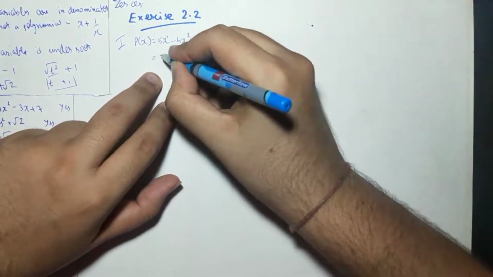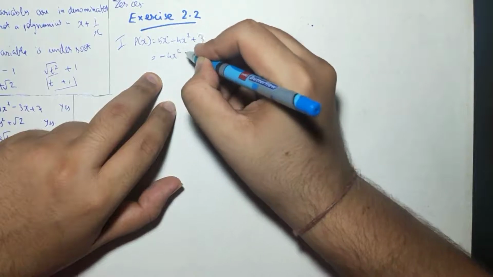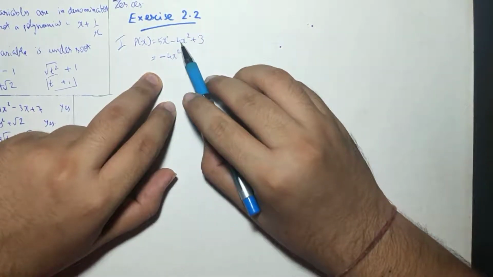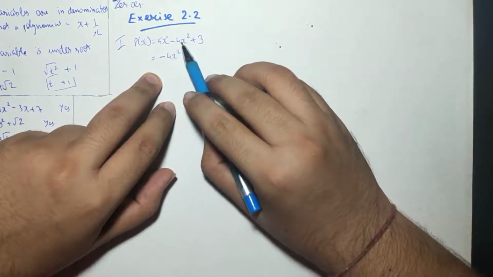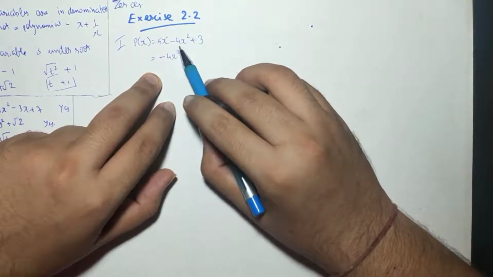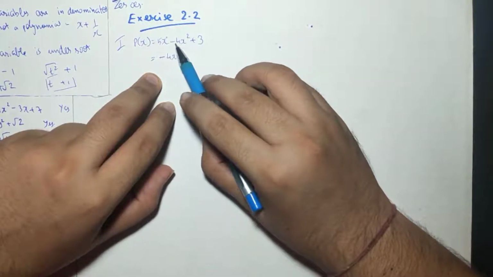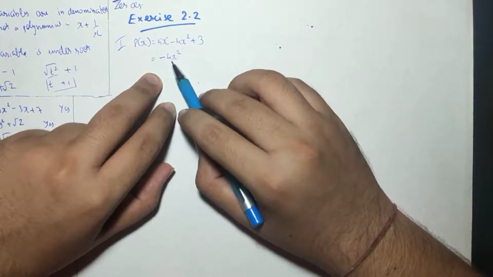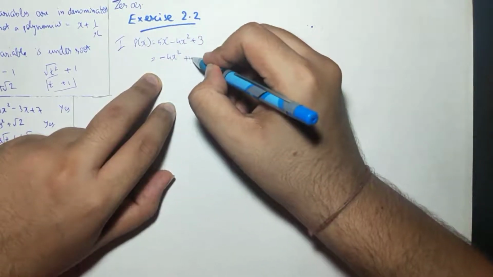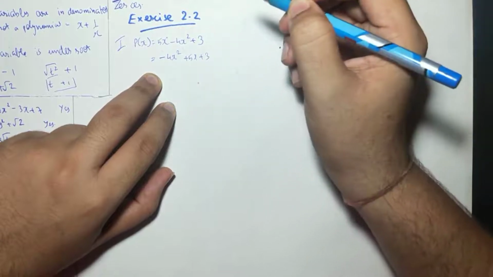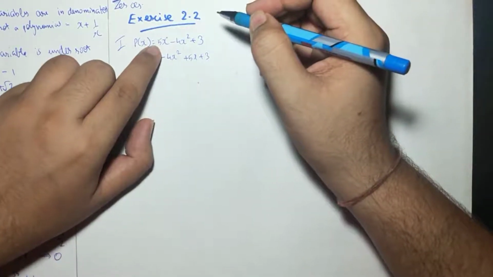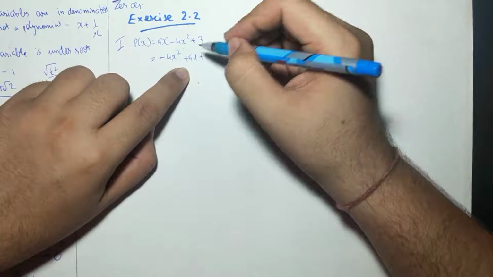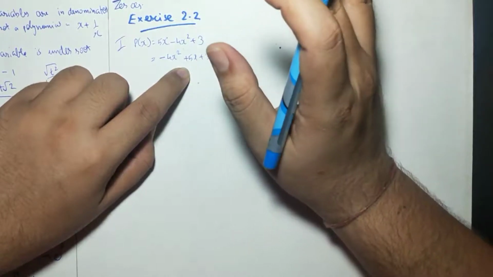So I am rearranging it: minus 4x square. See, this minus sign will remain with 4x square. This minus will move wherever the 4x square goes. So the first term will be the highest power term, that is minus 4x square. Then comes plus 5x, then plus 3. There was no sign ahead of 5x, that means it is plus 5x and plus 3 as it is. I've just rearranged it.